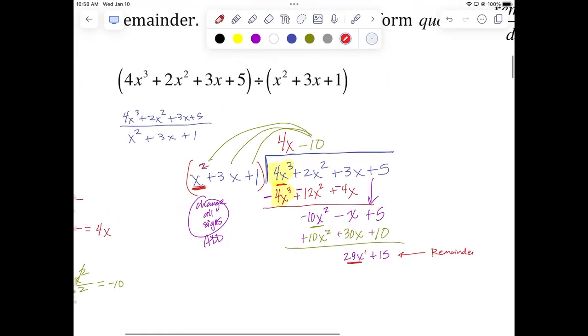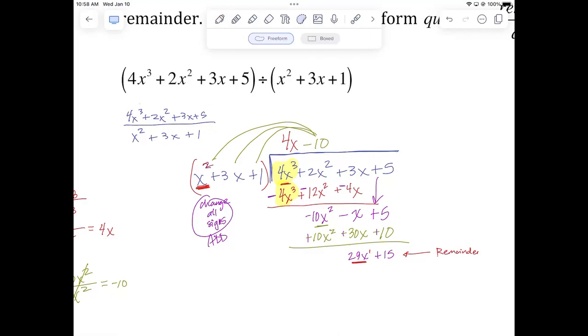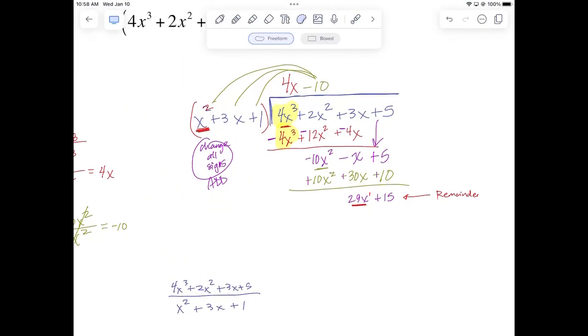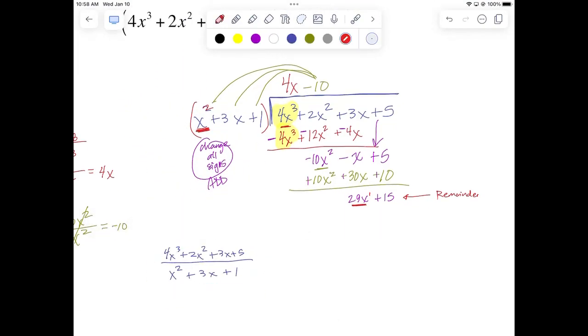We get our remainder. So here's what we could say. Let's bring this down here. When I wrote it as a quotient, let's write it down here. So what we could say now is 4x cubed plus 2x squared plus 3x plus 5 divided by, take a breath, x squared plus 3x plus 1 is equal to the quotient.